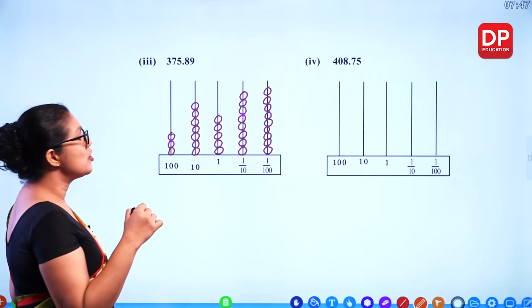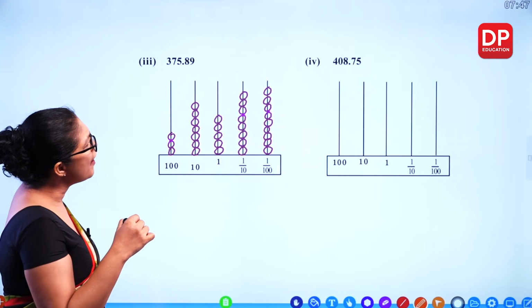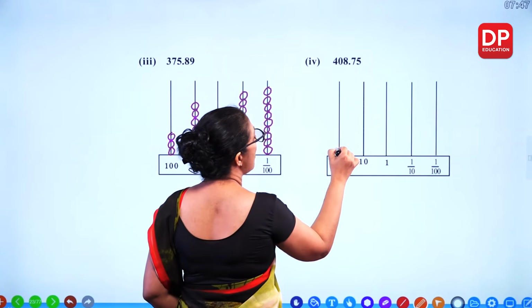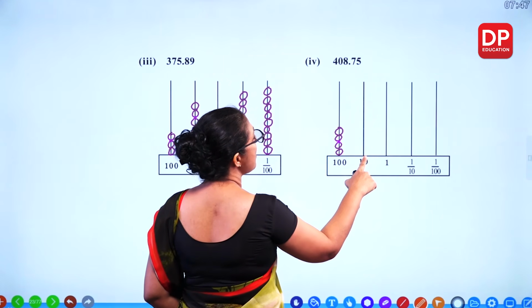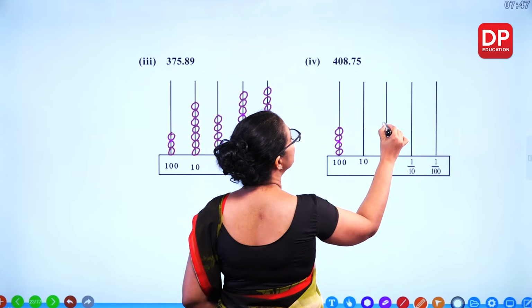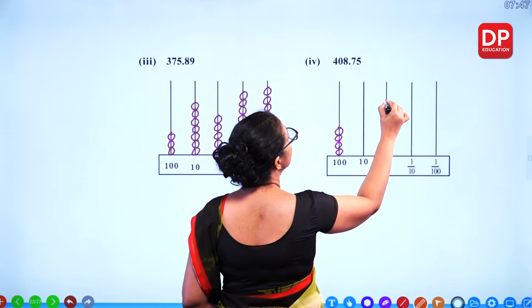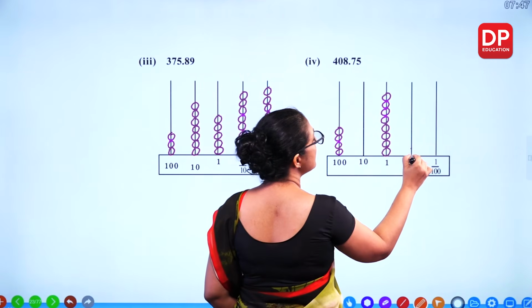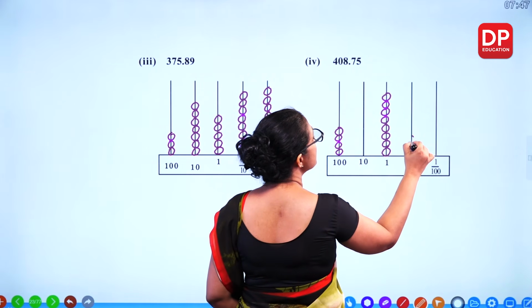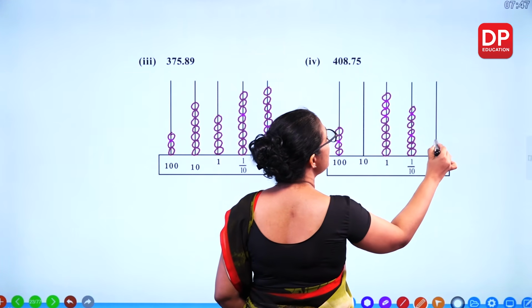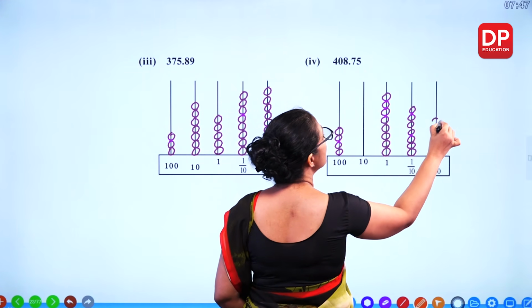So that's how we show this number. 408.75, 4 in hundreds place and nothing in tens place, and 8 in ones place, 7 in tenths place, and 5 in hundredths place.